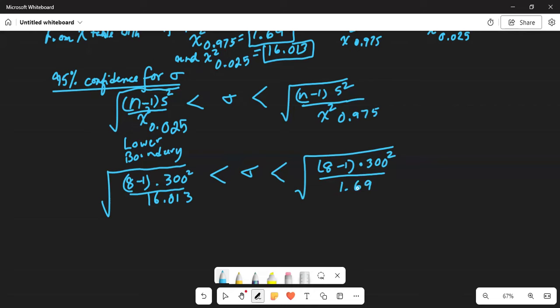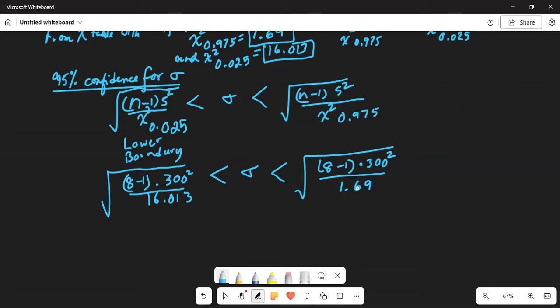So let's do our calculation with a calculator. I'm using a TI-84. So I'll first press the second button on the top left, then x square gives me the square root. Inside the square root, 7 multiplied by 300, which is the standard deviation. Do not forget to square it to get the variance. So 7 multiplied by 300, then the x square button, and then that is divided by 16.013.